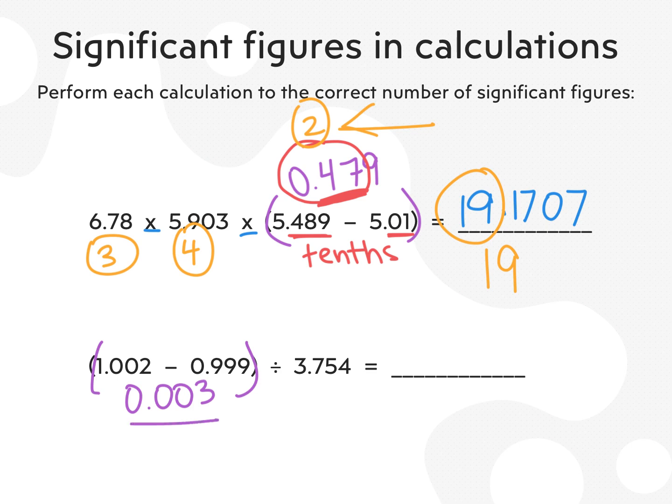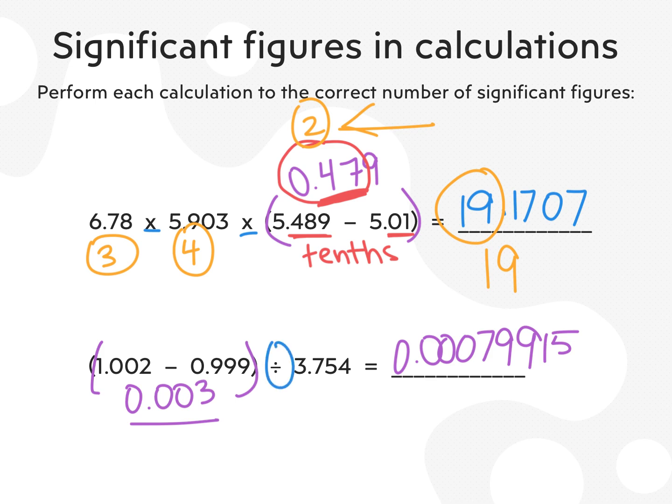Now I'm going to take that number, divide it by 3.754, and I get a number that is 0.000799915. That's what my calculator says. So my second order of operations was division.